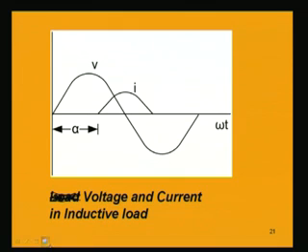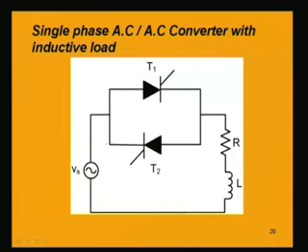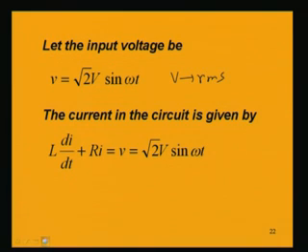The law gives us the equation: the drop in the resistance plus the drop in the inductance equals the input voltage. So, writing Kirchhoff's voltage law, L di/dt plus Ri equals v, which is the input voltage, a sinusoidal voltage, root 2 V sin omega t.